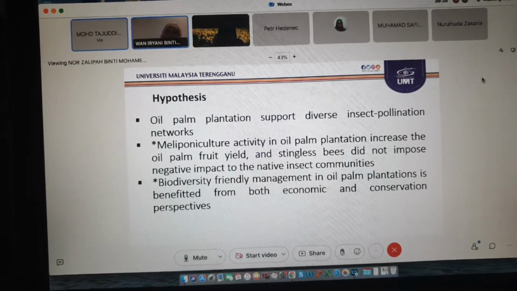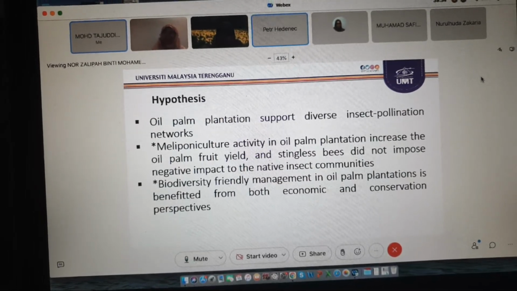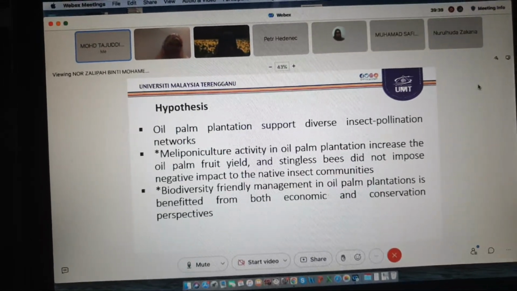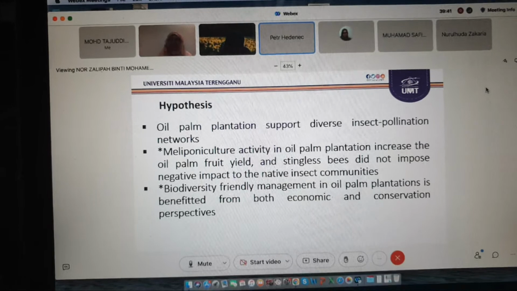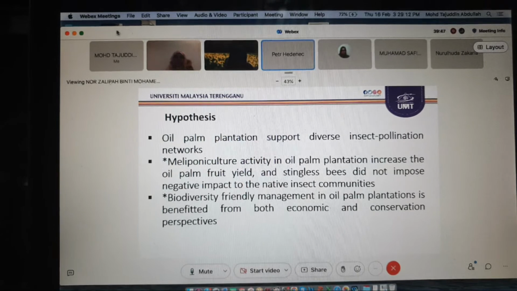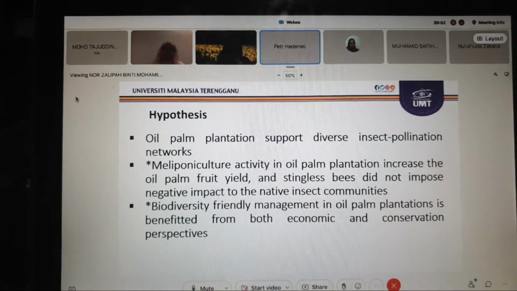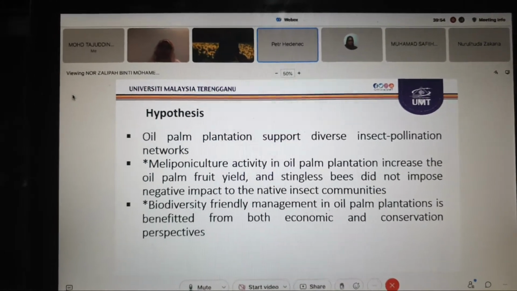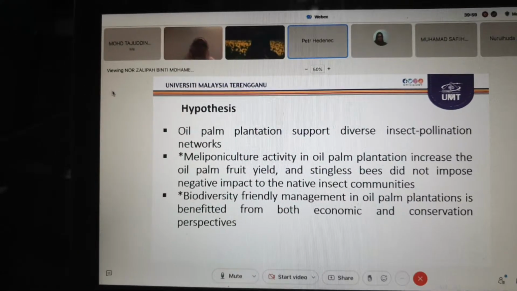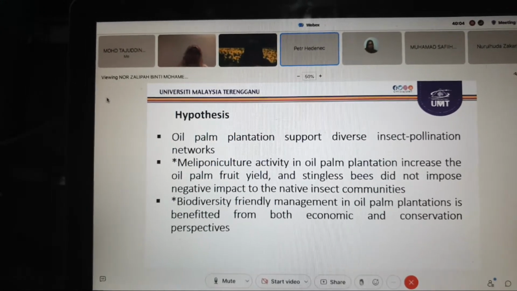Sorry, Peter, you may go on. An additional benefit could be that the flowers can attract other insects like hoverflies or beetles, for example, which are predators of the oil palm pests, or parasitoids.